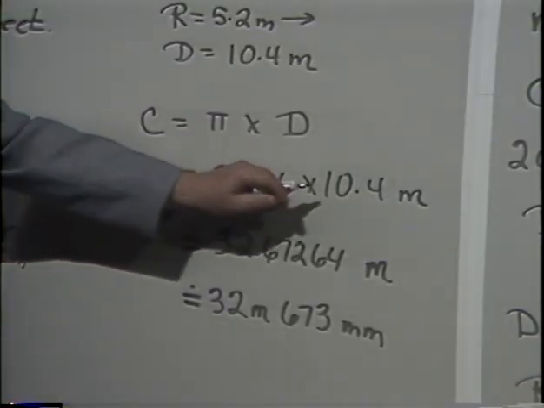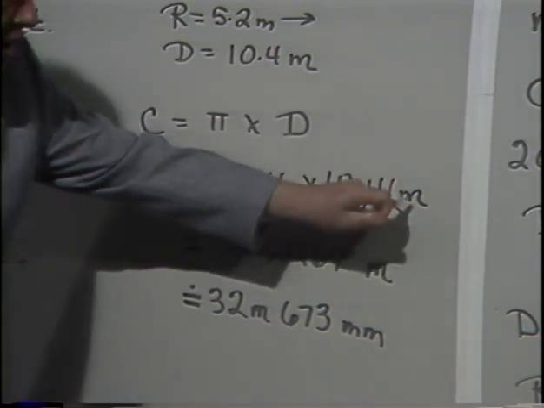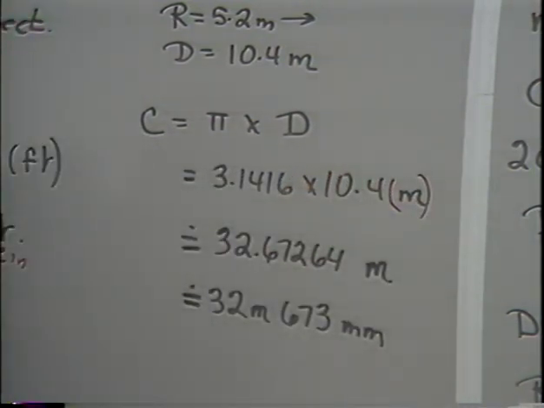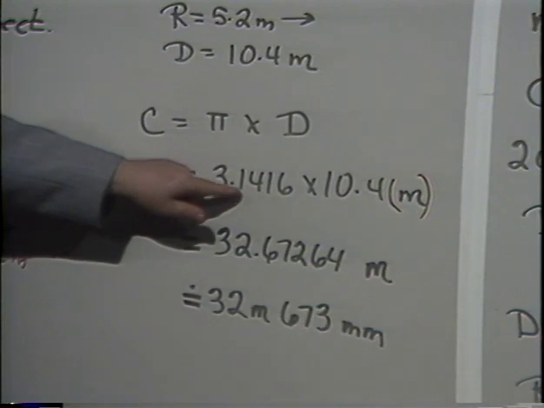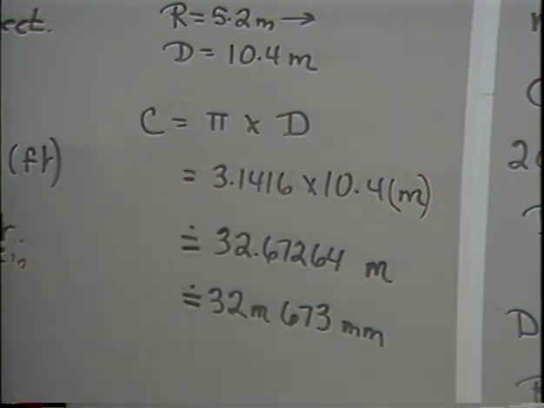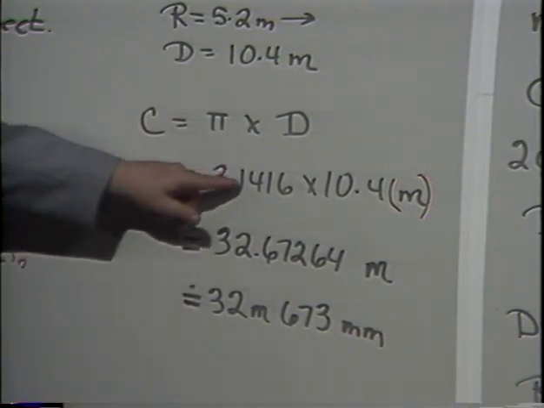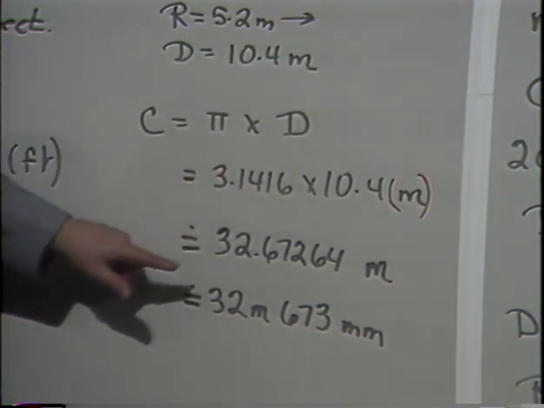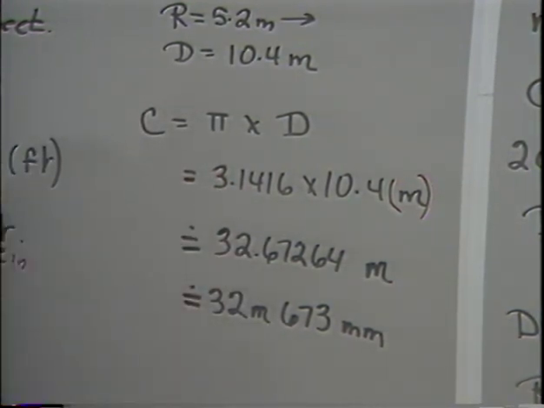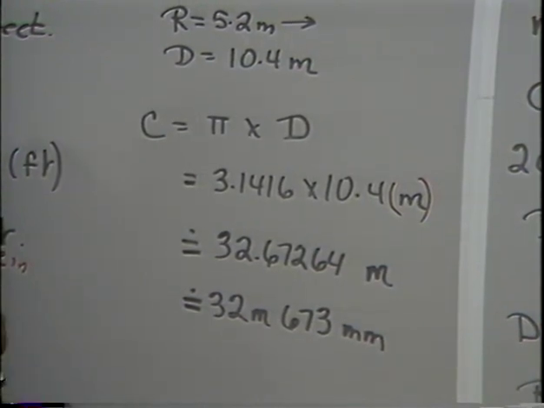The diameter gets replaced by what? 10.4 meters. See, remember the answer is in meters now. I now multiply 3.1416 by 10.4, okay? And the answer comes out to be, and I write approximately because this isn't exactly pi, 32.67264 meters.